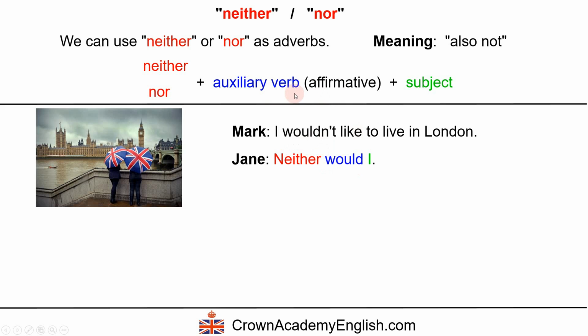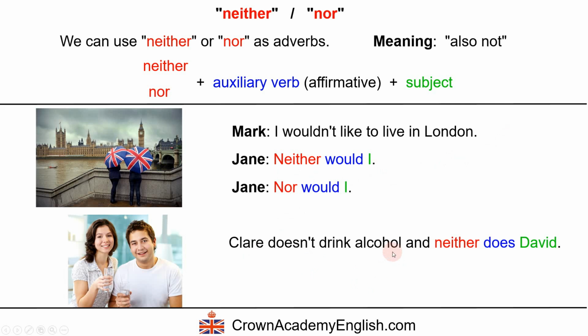So the auxiliary verb in the affirmative now, and then the subject. The subject is obviously I, because Jane is talking. So Jane is saying, yes, I wouldn't like to live in London also. But we don't say also. Also is wrong. So we say neither would I.